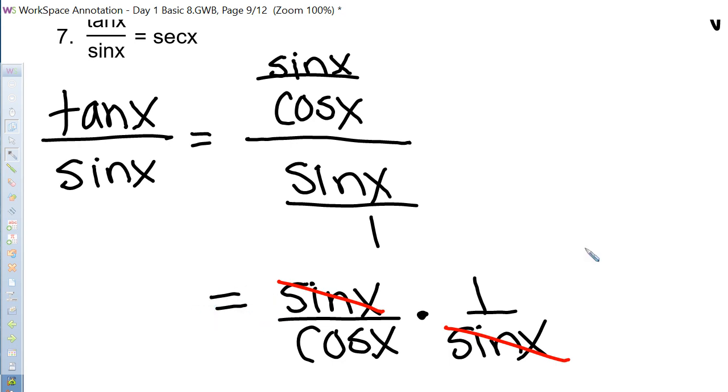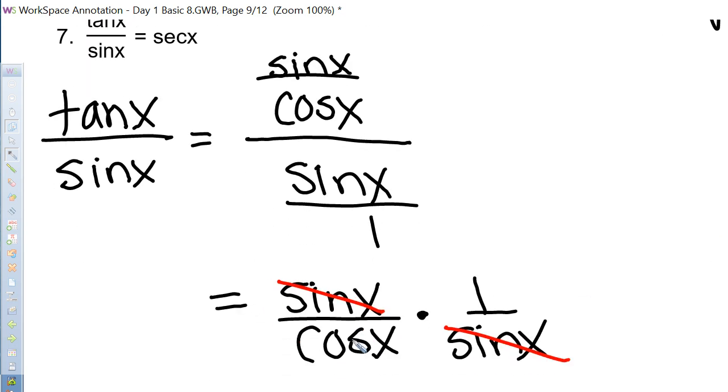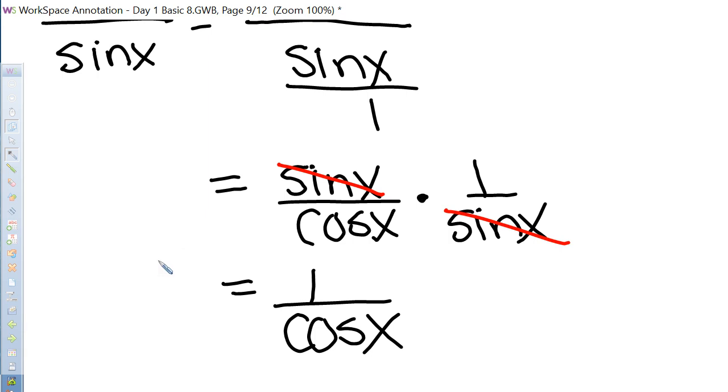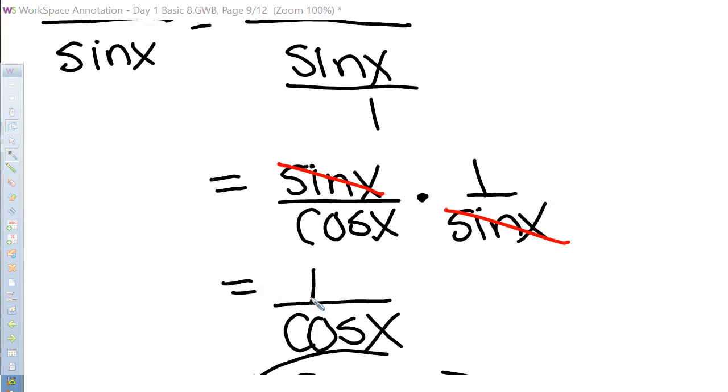Now, what was our end goal? Secant of x. Well, what is 1 over cosine of x? Secant of x. We're finished. We started with the left side, so we started with tan of x over sine of x, and we show that it does equal secant of x. So start with the left side, do operations to that expression so that it equals the expression on the right side.